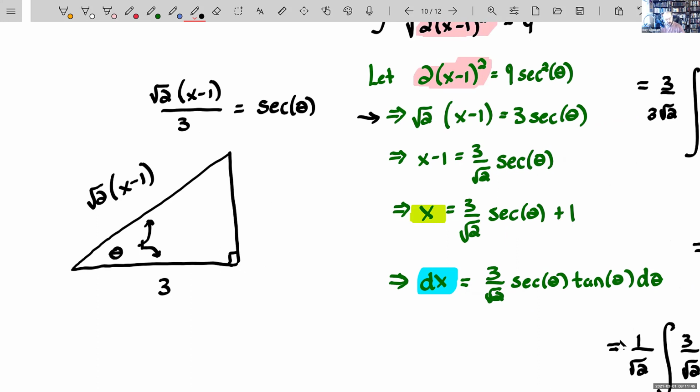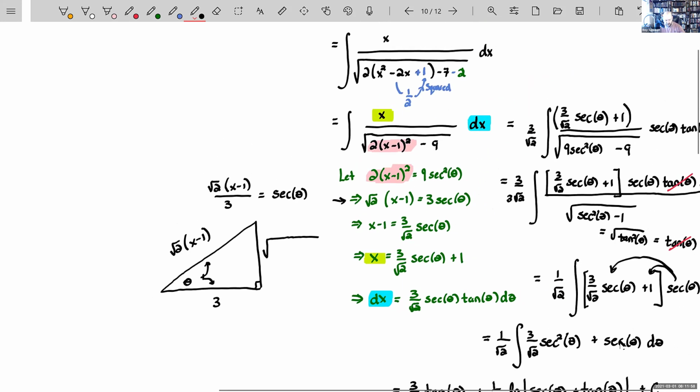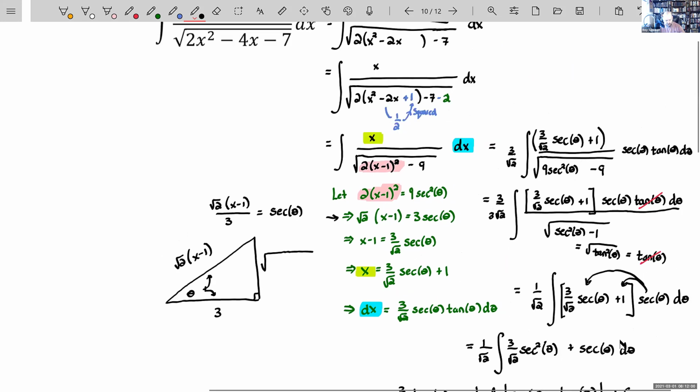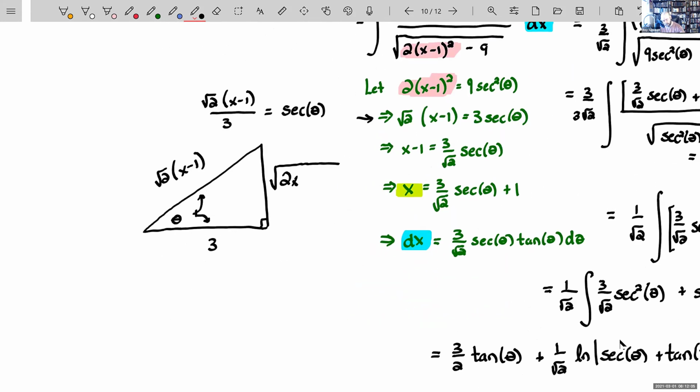You would have this hypotenuse squared minus this 3 squared. And believe it or not, that would become the square root of 2x squared minus 4x minus 7. If you just multiply it out, it will work that way.